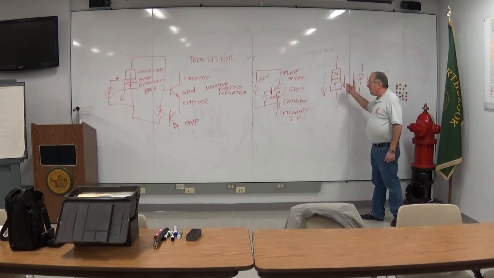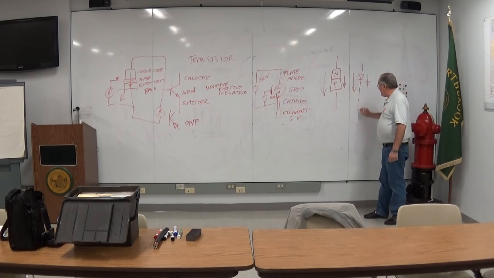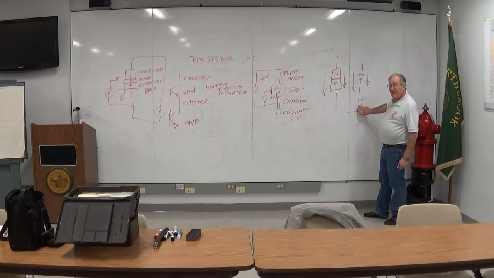If the current wants to go this way, you'll get a voltage drop. Basically, it's a one-way valve. You're either going to get all current, or you're going to get all voltage. If you try to go forward, it'll give you current. If you try to go reverse, no current, just voltage drop across that device.